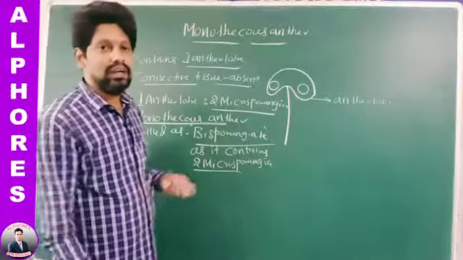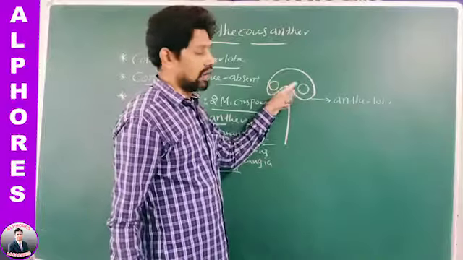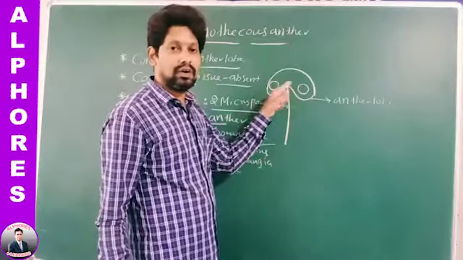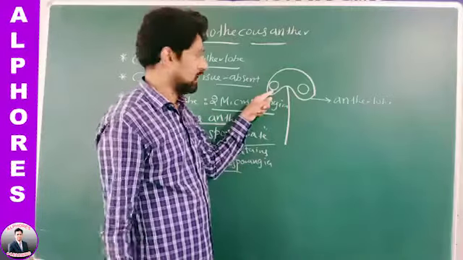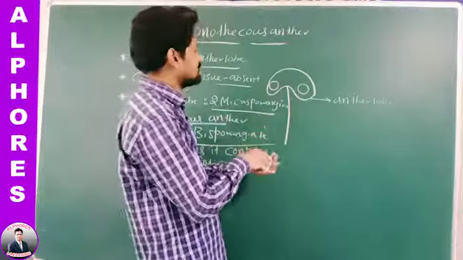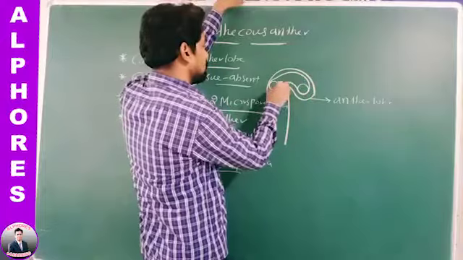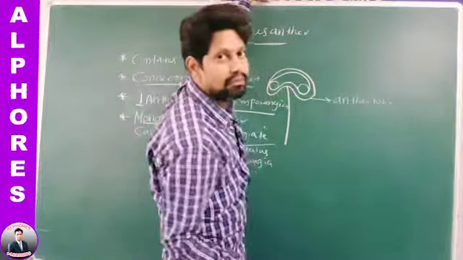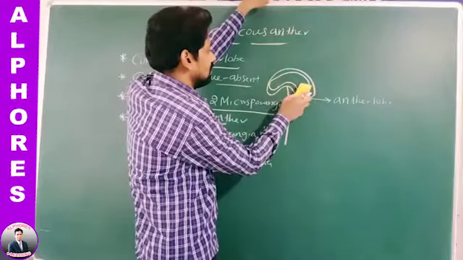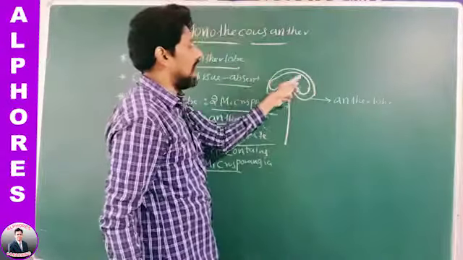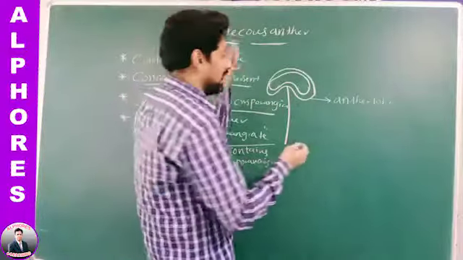Now listen to the statement. At maturity, the 2 microsporangia of the same anther lobe, only one anther lobe is there, get fused. What gets fused? The 2 microsporangia of the same anther lobe get fused and form how many theca? 1 theca. This happens at maturity.